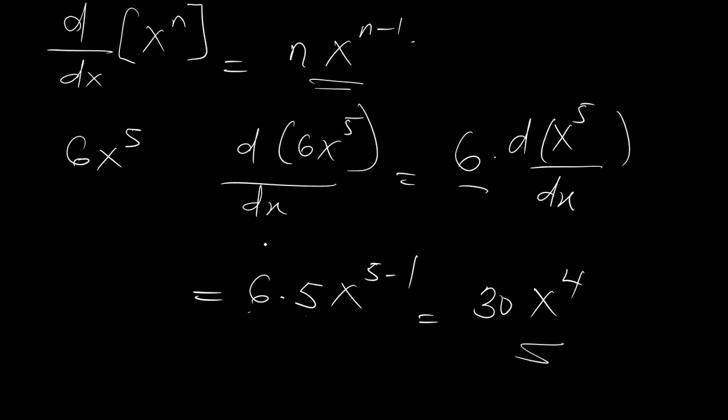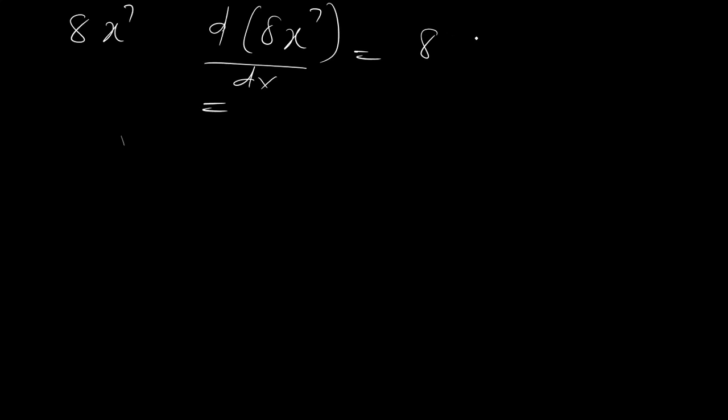So that is it. Now if they give you another power rule, let's say you are given another expression, for instance 8x raised to power 7. Now find the derivative of it. The derivative with respect to x will be 8 times the derivative of x to the power 7 over dx.